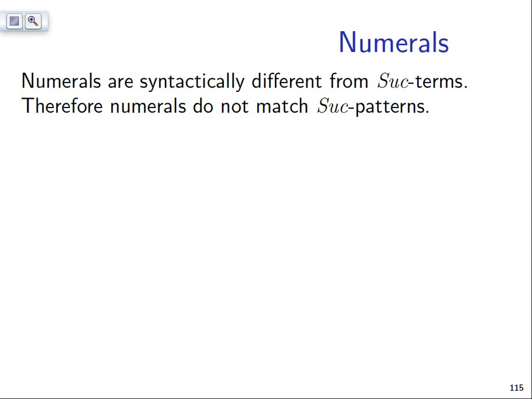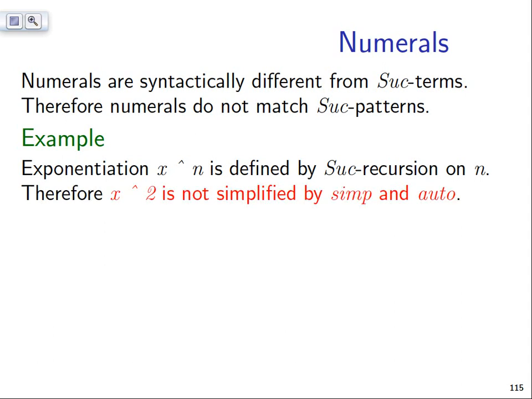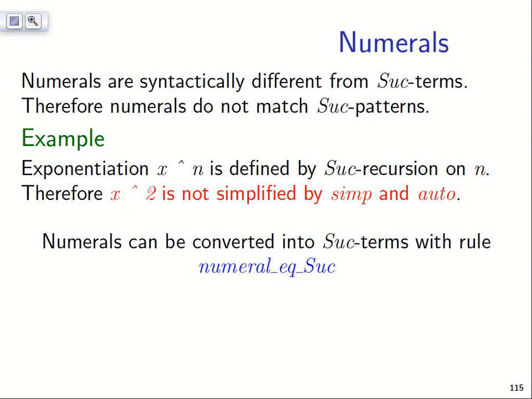If you write factorial of successor of 0 and simplify it, it'll get evaluated. But not with the 2, because the factorial function is defined with successor, and if you have the numeral 2 in there, it's not a successor term, and therefore it doesn't work. So sometimes you have to convert numerals into successor terms, and this is the other example I use. Exponentiation is defined by recursion on n with successor. So if you write x to the 2 and simplify it, it just stays there because 2 is not successor of something.